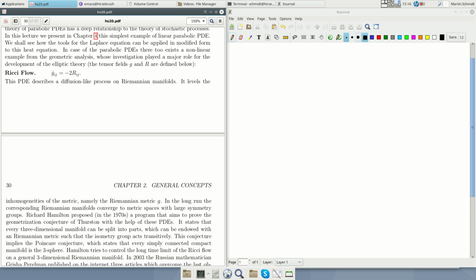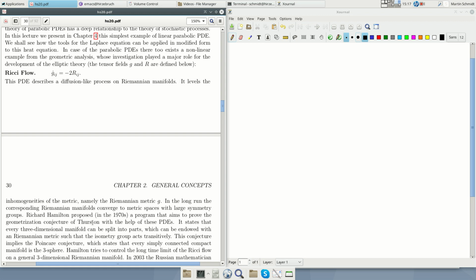There are not anymore any inhomogeneities, and then it's reasonable, and it's not so difficult, that one can then classify the homogeneous free manifolds. And there exists a finite list. This was the starting point of the geometrization conjecture of Thurston.